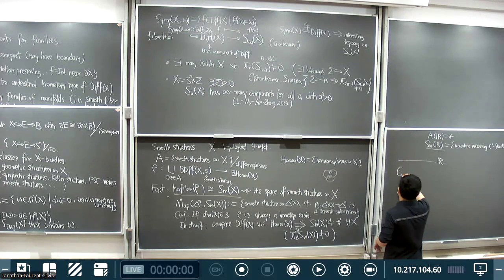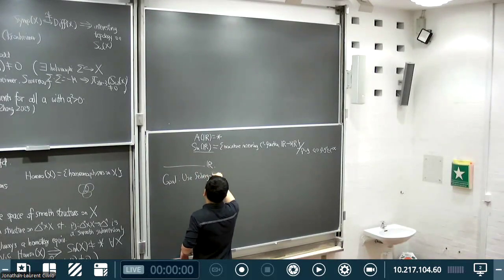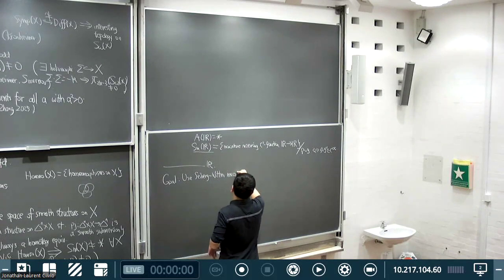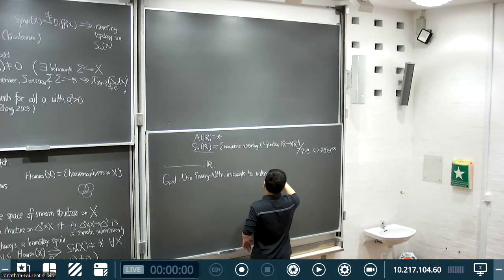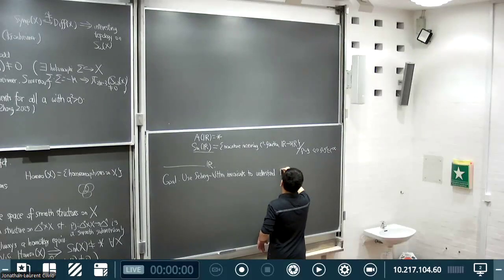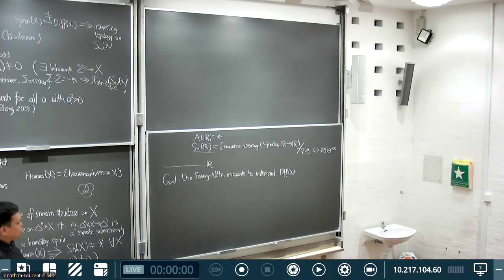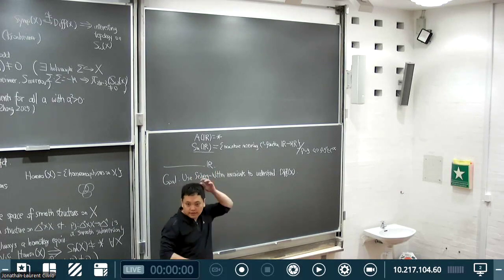So the goal of this lecture series is to use this to understand, at least partially, the diffeomorphism group of X. I want to say that this is just one approach to study the diffeomorphism group.